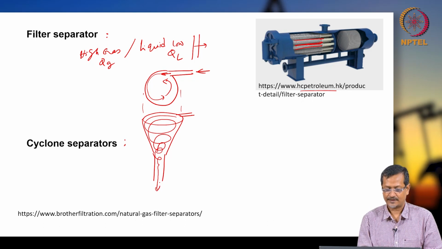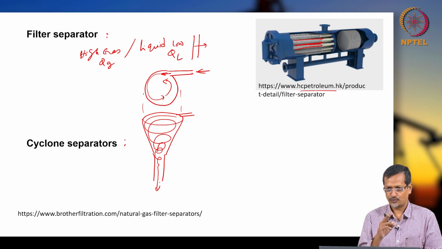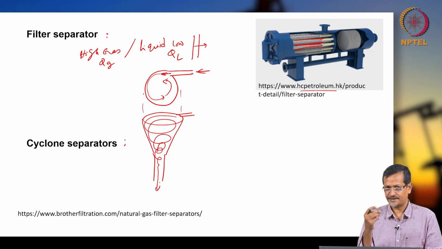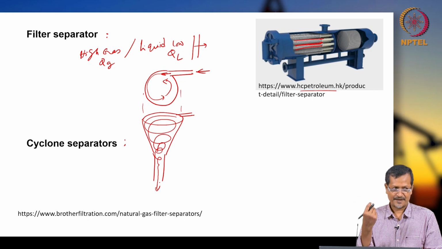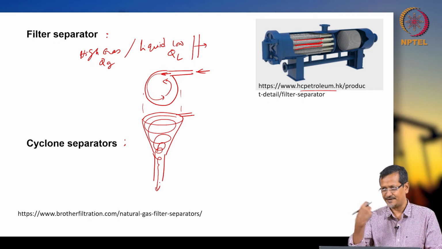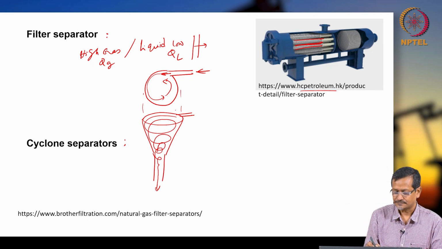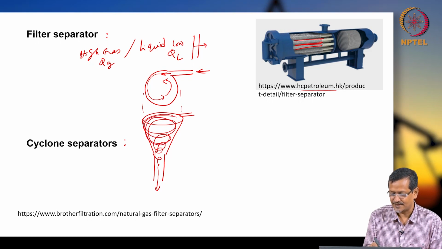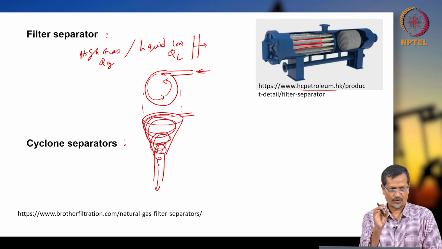So what is the benefit here in the cyclone separator? The benefit is that if you have two different density fluids, let's say sand and liquid. If you remember the mv square formula, high mass will create a higher radius. Okay, lower mass will create a lower radius. So the high density fluid will try to take a larger radius, and for the low density fluid, let's say sand and oil are there.